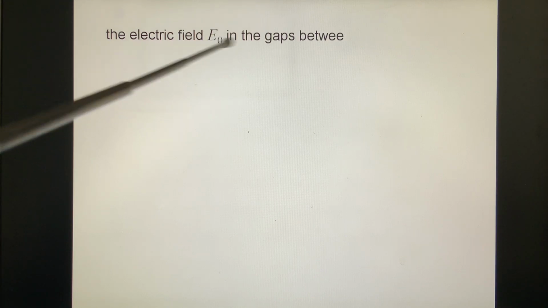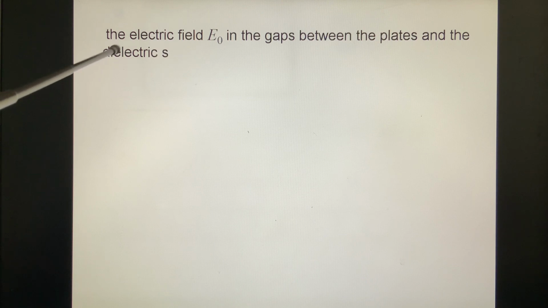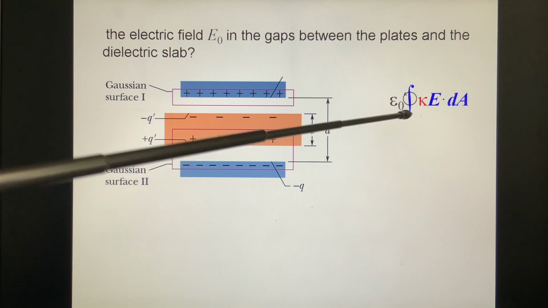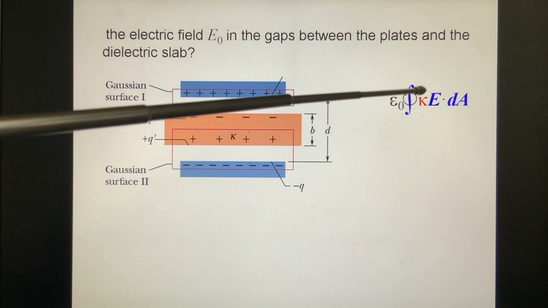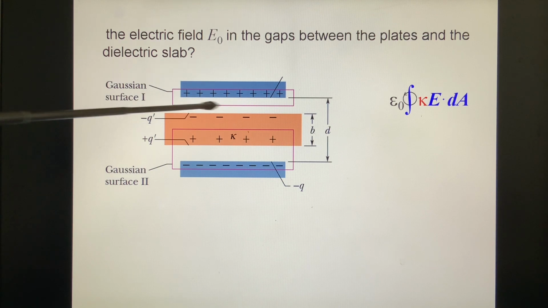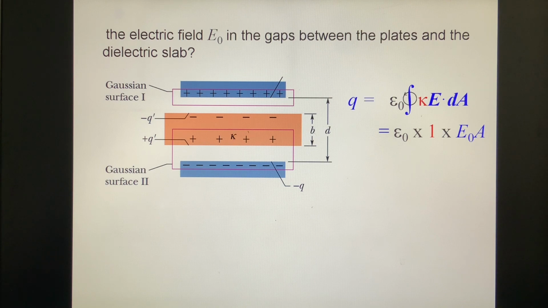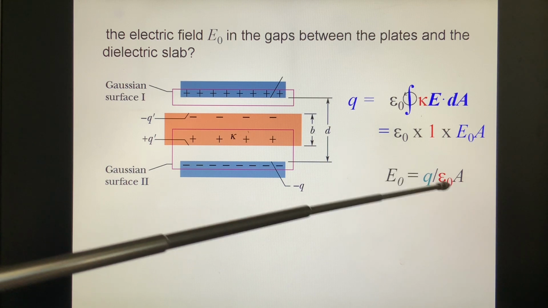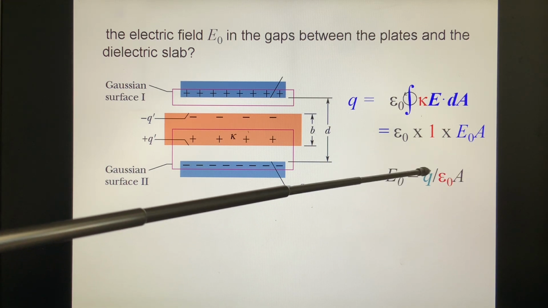Now we go back. I want to find the electric field E0 in the gap between the plates and the dielectric slab, as we calculated before. By Gauss's law, epsilon 0 kappa E, with kappa equal to 1 in this space. So we found the E, and this Q is the charge on this plate. Then epsilon 0 E0 equals Q over A, and Q over A is the charge density sigma.